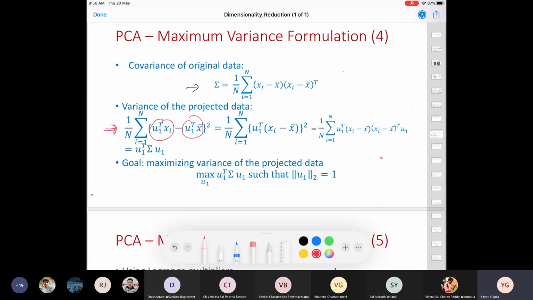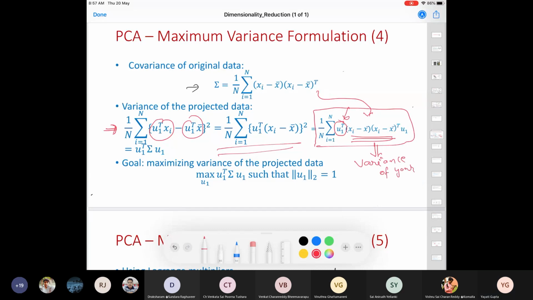So if you represent this the same way, because u1 transpose is basically a constant, each individual component is a constant, you can write it like this. And what is this original term here? This is nothing but the variance of your original data. So this will be converted to 1 by n summation of u1 transpose into u1 transpose sigma into u1.